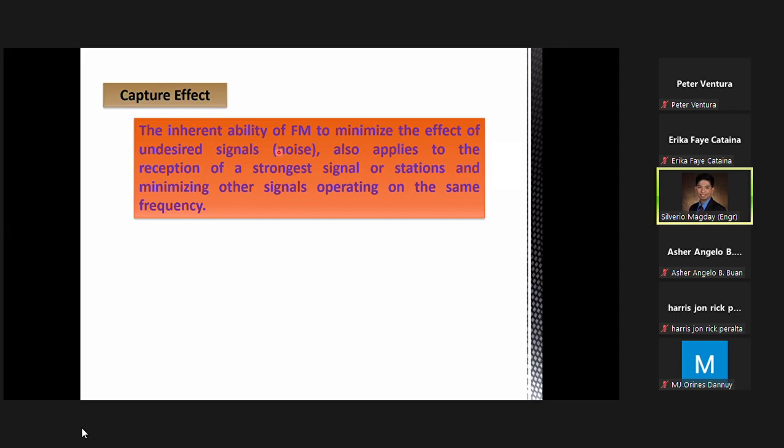Capture effect. It is the inherent ability of FM to minimize the effect of undesired signals, which are the noise, applying to the reception of the strongest signal or station and minimizing other signals operating on the same frequency.